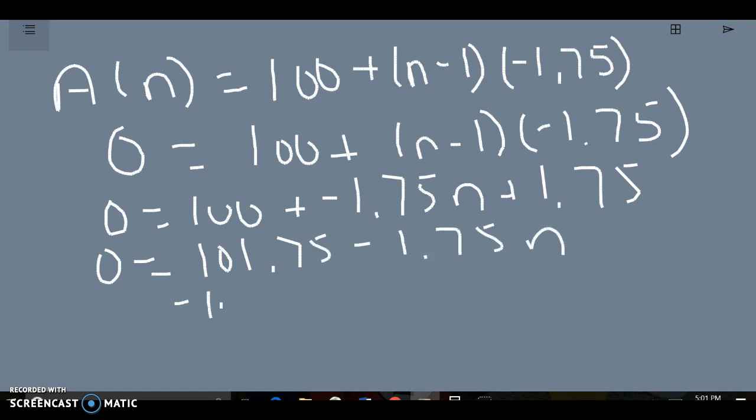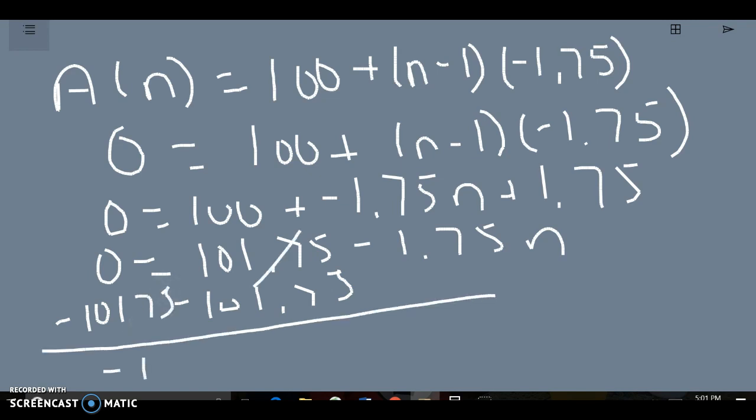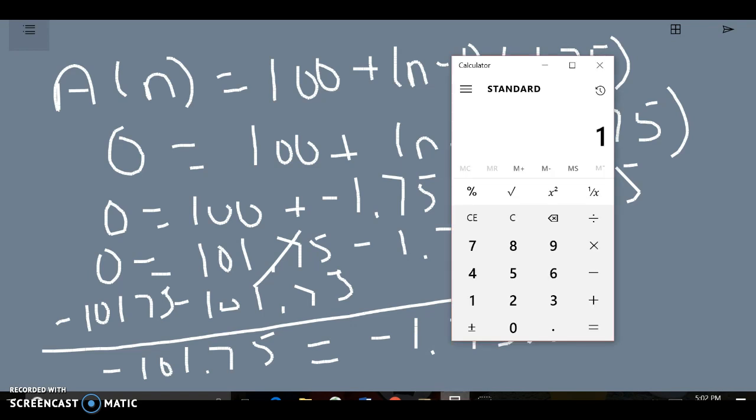I'm going to subtract 101.75 from both sides. 101.75 equals 1.75 n. I'm going to divide now. 101.75 divided by 1.75. And I'm using positive because both of them are negative, so I know it's going to end up positive, by the way.